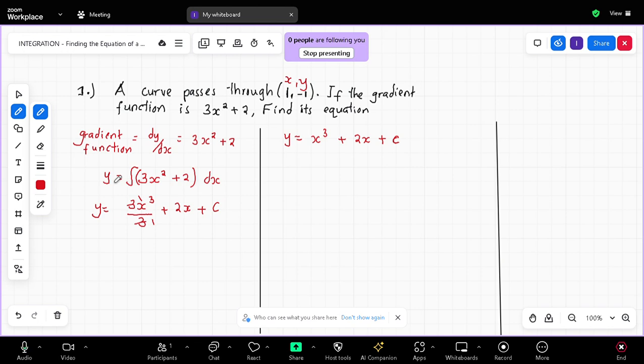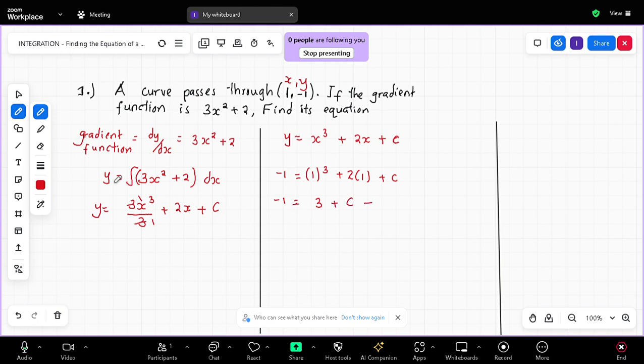So y is -1. Substituting, we have -1 equal to 1 cubed plus 2 times 1, plus a constant term c. So this is -1 equal to 1 plus 2, which is 3, plus c.